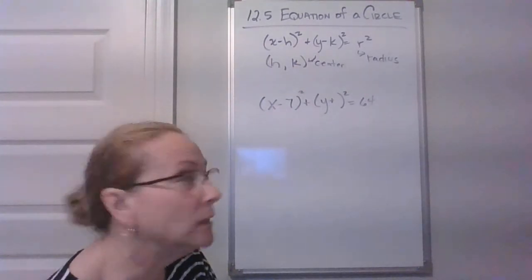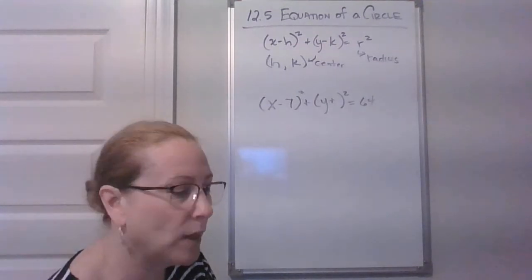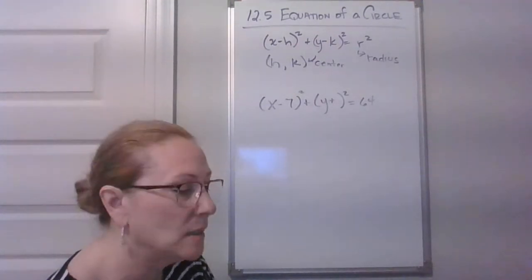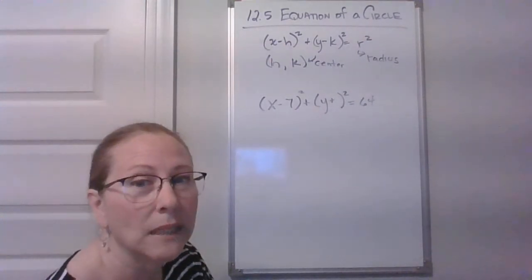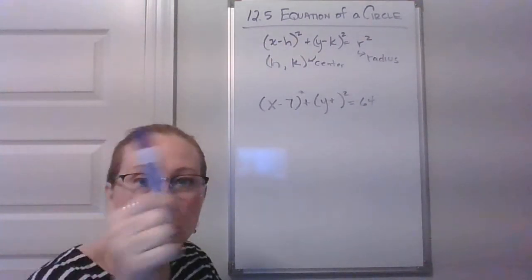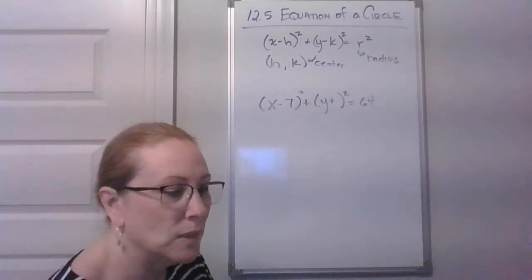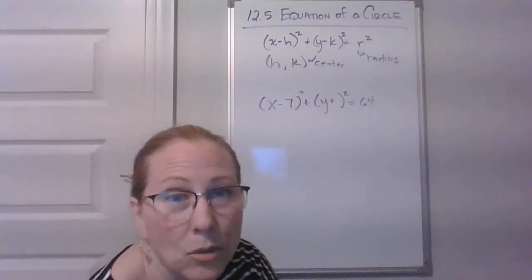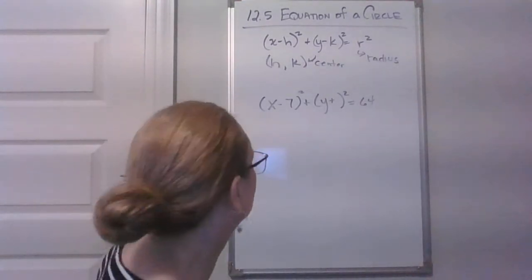Suppose the equation x minus 7 squared plus y plus 2 squared is equal to 64 represents the position and the transmission range of a cell tower. So we know a cell tower's transmission goes in a circle. What is the graph that shows the position and range of the tower? So essentially we need to graph the center and find the radius and graph that.